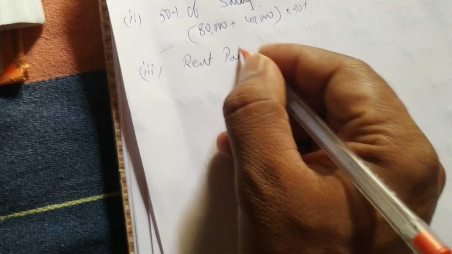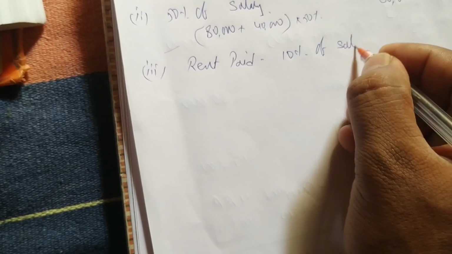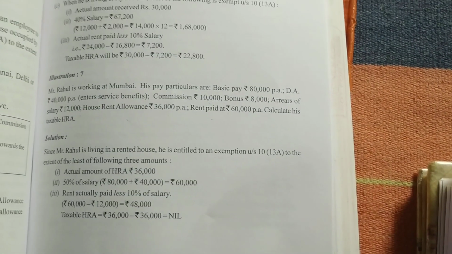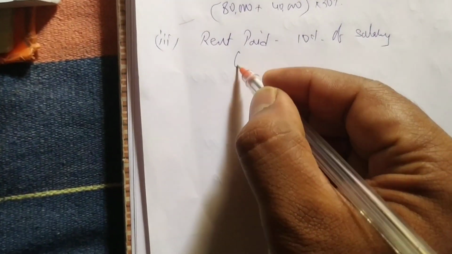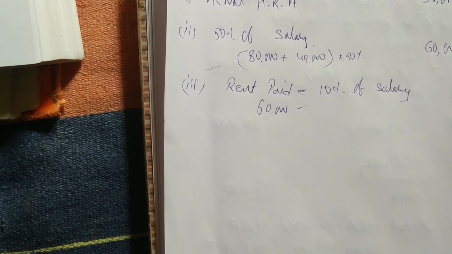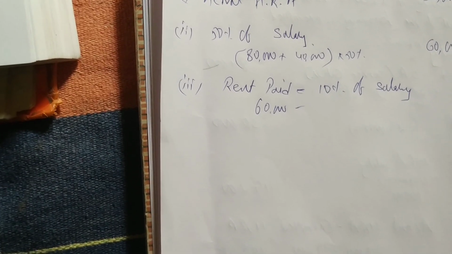Next, Roman number 3, we are doing what? Rent paid minus 10% of salary. How much did he pay as rent? In the question it says rent paid is 60,000. So we write 60,000 minus 10% of salary. How much is salary? 1,20,000 he is getting. Into 10% we are getting 12,000.